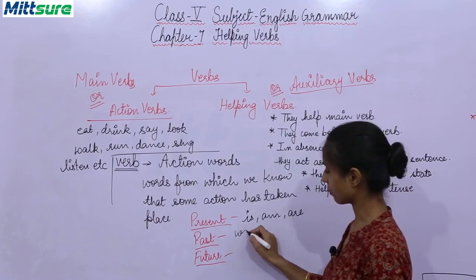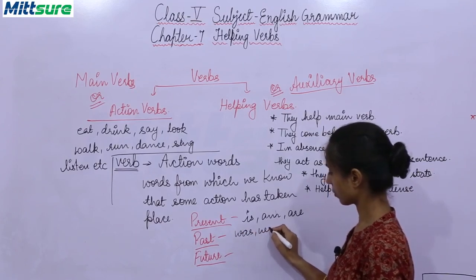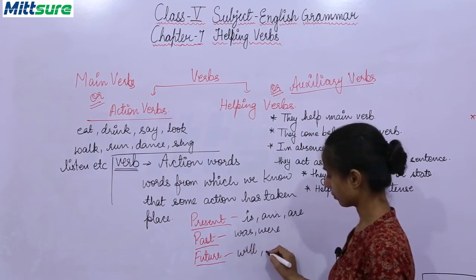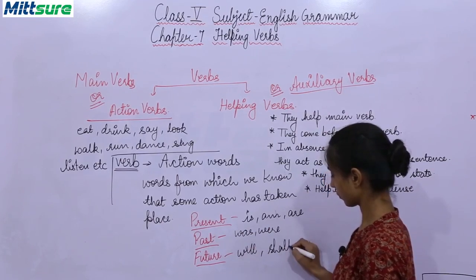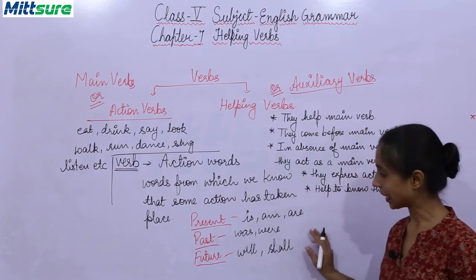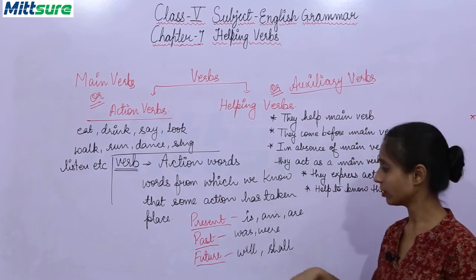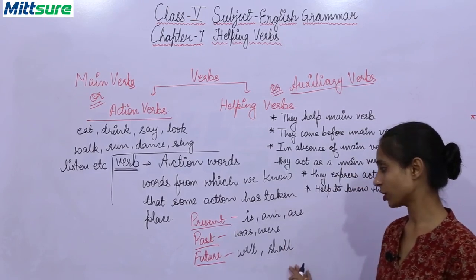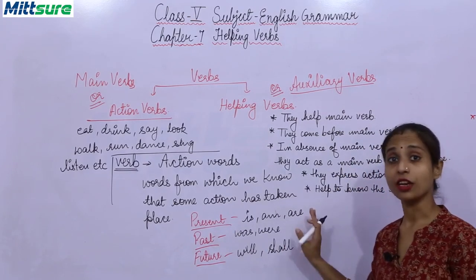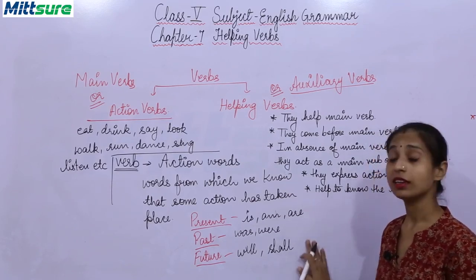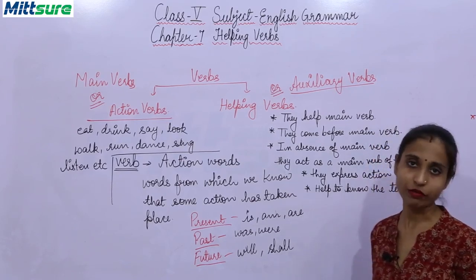Past tense was, were. Future will, shall. Helping verbs can be is, am, are. Past tense was, were. Future will, shall. But there are many helping verbs other than them. I have just quoted a few examples in front of you.